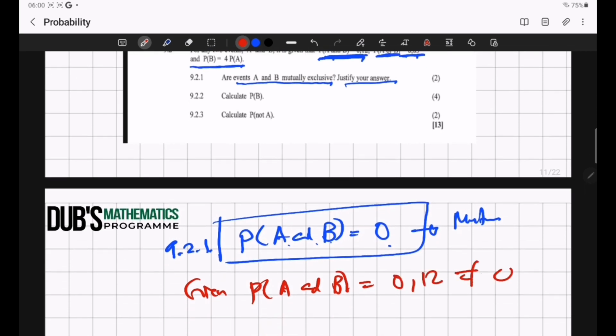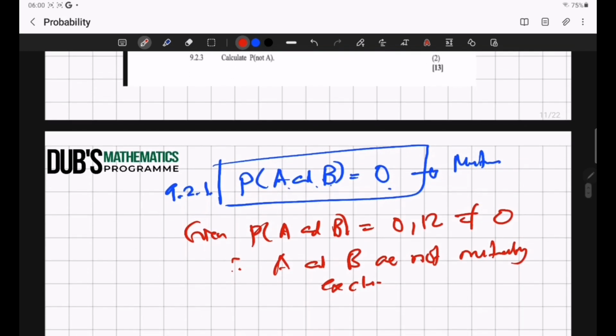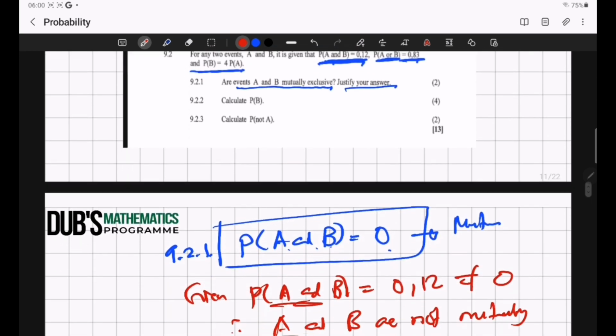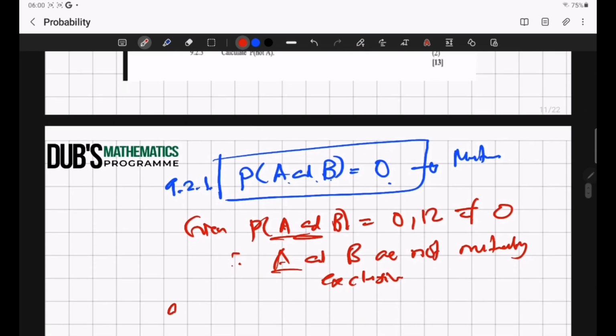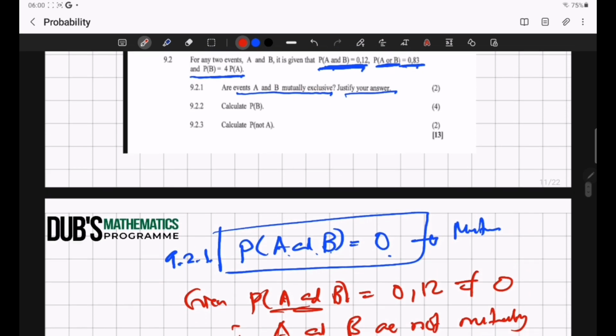It is not equal to 0. Therefore, we say A and B are not mutually exclusive. So we didn't need to calculate this because it was already given in the question. And then the second question, they say find the probability of B. So 9.2.2, probability of B. How are we going to find it?